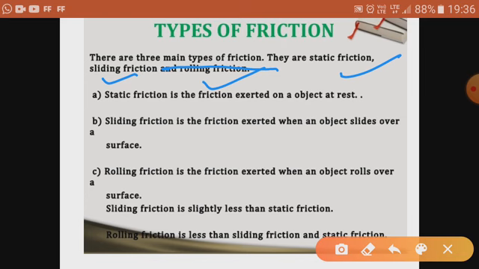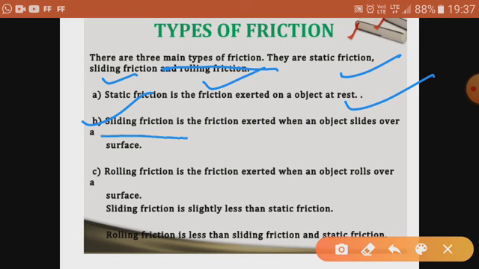The legs of the table in contact with the ground also have irregularities, and there will be interlocking of these two irregularities, and because it is not moving, there will be strong interlocking. That's why we say that static friction is the highest of these three.